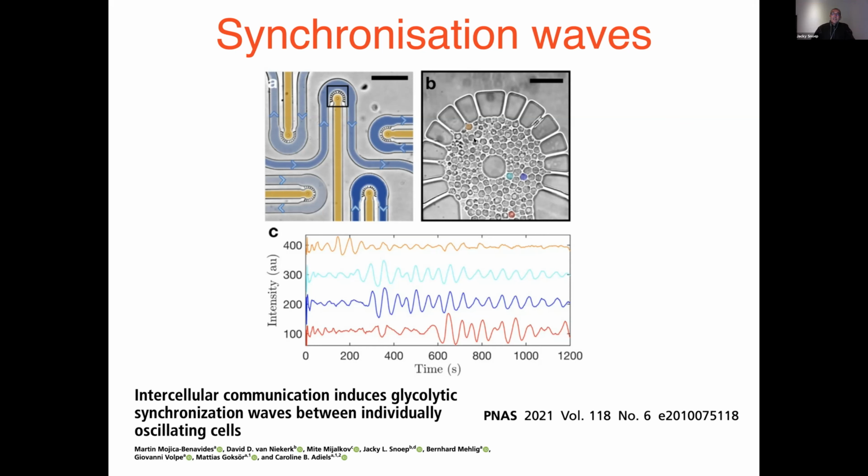What we saw is that the cells in different positions in that chamber respond with a long delay before we see the oscillatory signal in each of the cells, and that delay is much longer than you would expect on the basis of diffusion. So it's really the communication of the intracellular oscillations to an intercellular synchronization that takes some time.